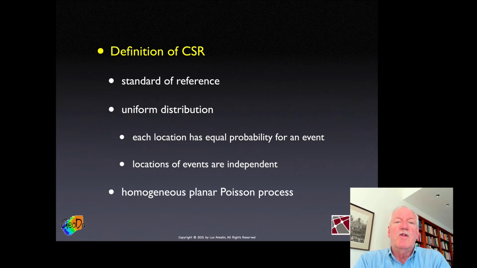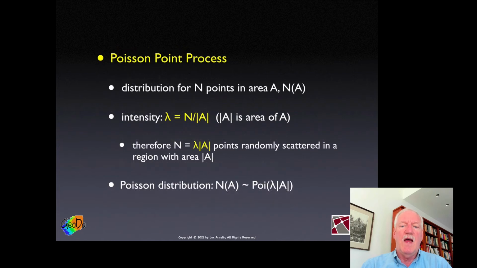But also the fact that there is an event in a particular location does not affect the probability of having an event in the other location. So the events themselves are independent. So these two together define what is called a homogeneous planar Poisson process. And if you recall your statistics, whenever you say Poisson, there's a particular distribution associated with that, and that is a distribution that we will use to formalize this homogeneous Poisson point process.